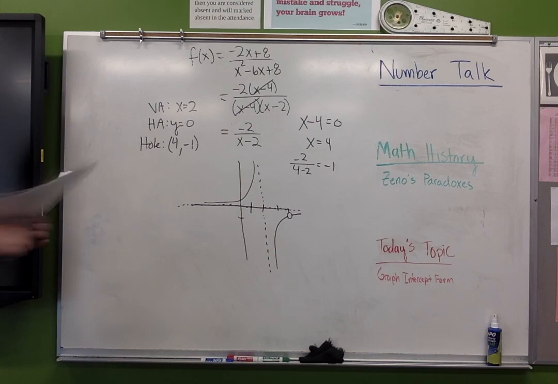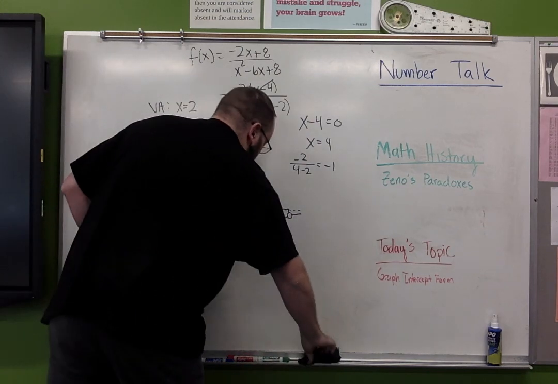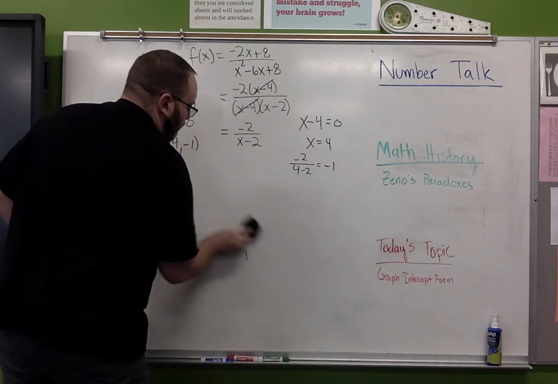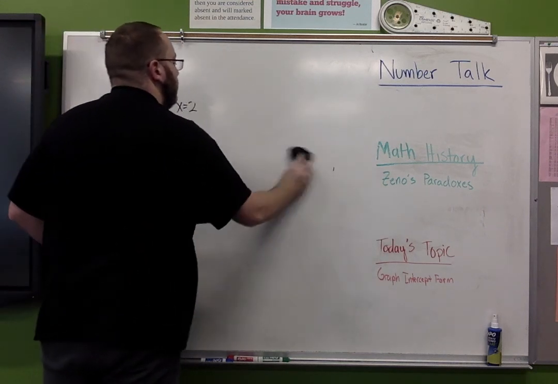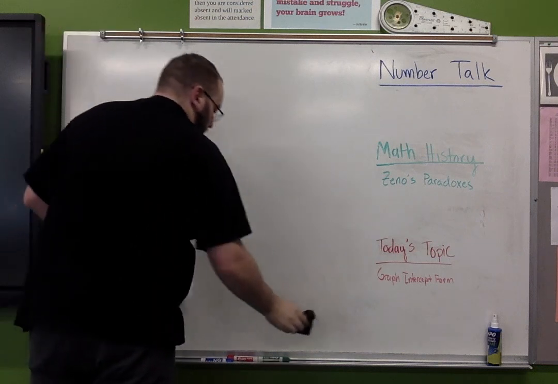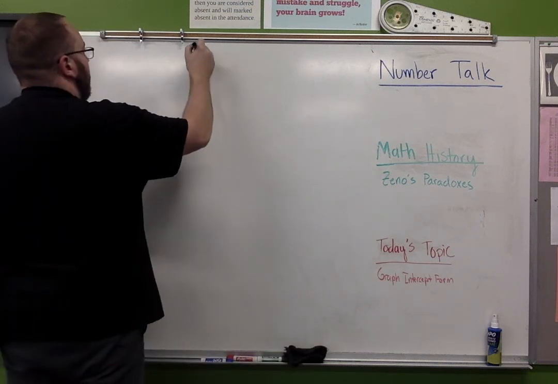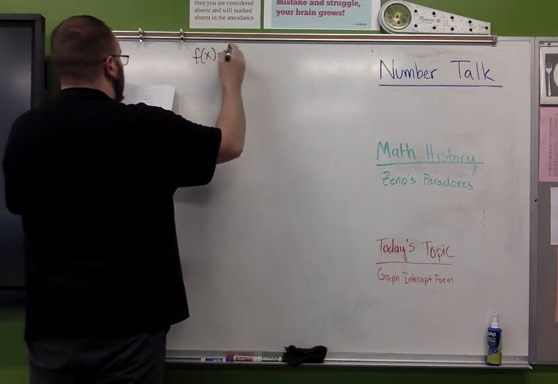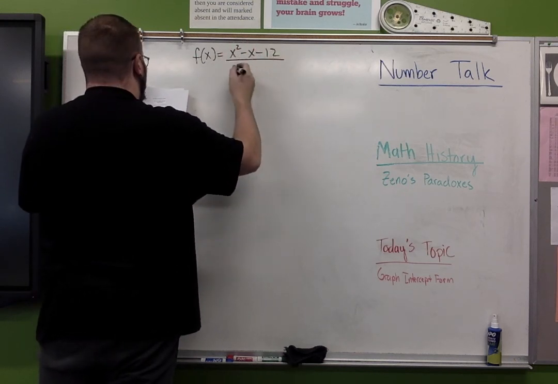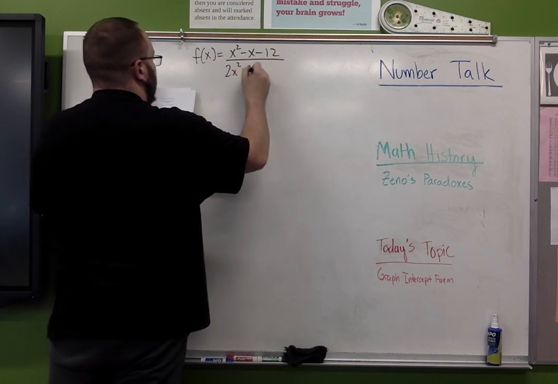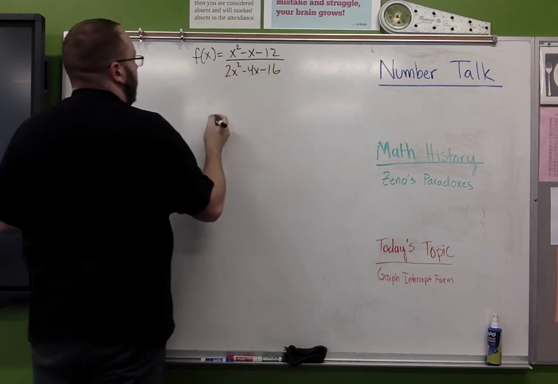Okay, let's do the next one. F of x equals x squared minus x minus 12 over 2x squared minus 4x minus 16.